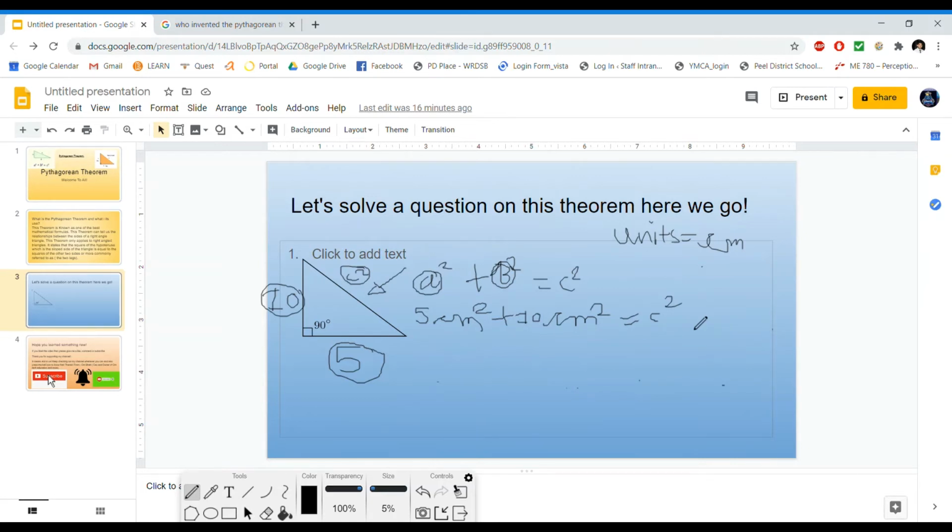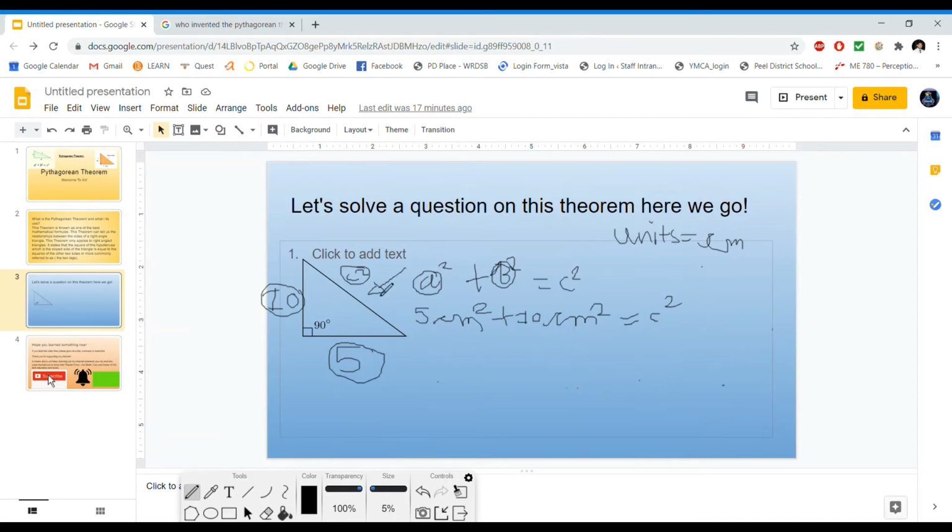So now we need to find the squares of 5 centimeters squared plus 10 centimeters squared, and then we can add them because there's a plus sign in the middle. Don't write any other signs because this is the standard formula to find any one side of the triangle. Here in this case it is the hypotenuse.